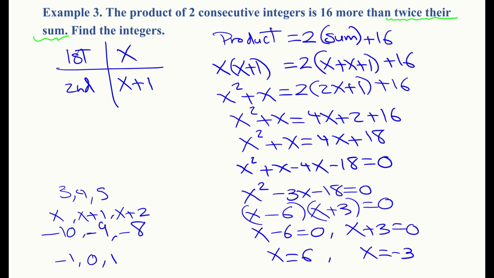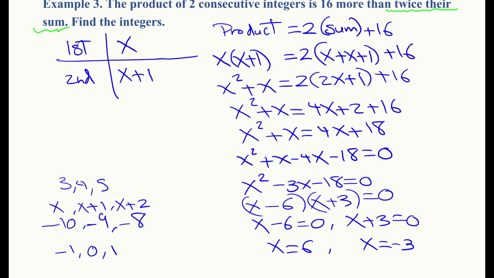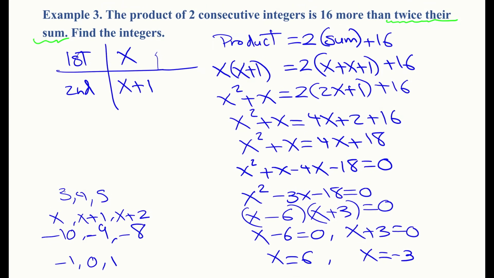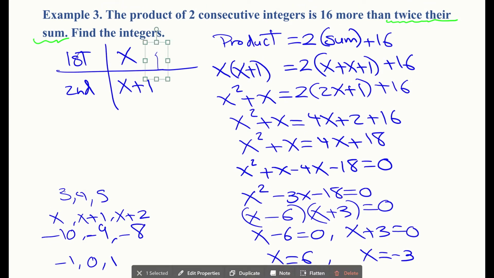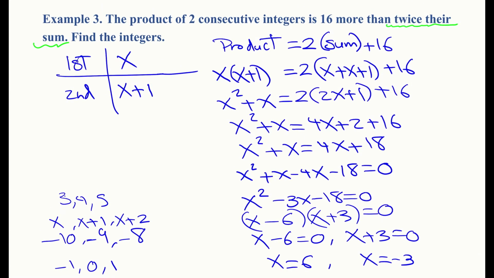So here, let's go to this table we created in the beginning, which is going to be nice for this step as well. So we're going to write that if x is 6, the first number is 6, the second one is going to be 6 plus 1, which is 7.